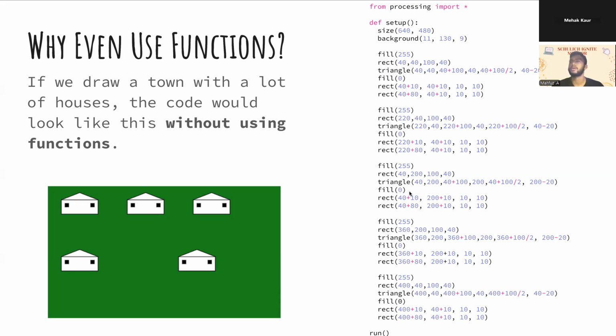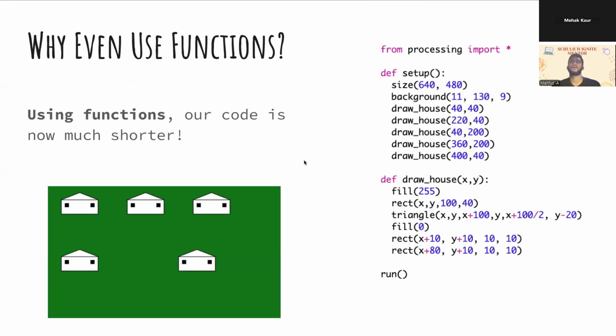You're probably wondering how you can fix this, right? That's where functions really come in. If you used a function, you could block this one step of code, make it work for one of them, and keep reusing it for all the other different values. So we're going to show you how to do that. Using functions, our code is now much shorter. Here we just have to set it up and give it a background.